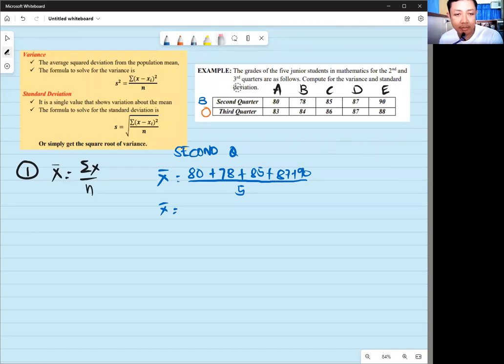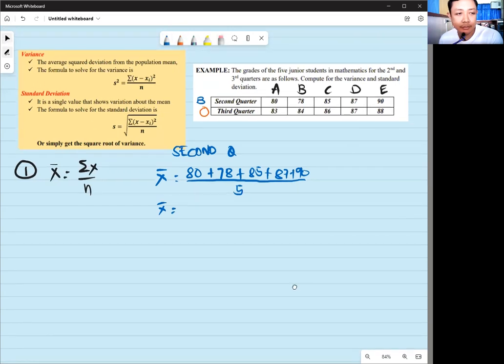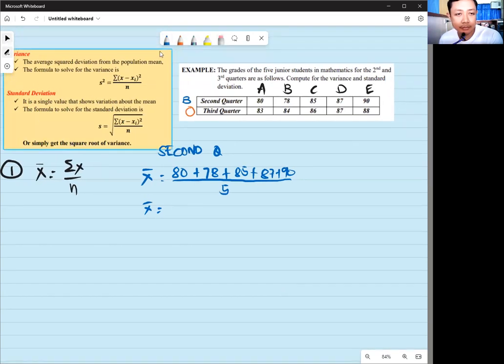Send the answer in the chat box, please. Okay, your classmates are now sending their answers. Let's wait for the rest. Very good. Please answer as well. Good. So the answer here is 84.